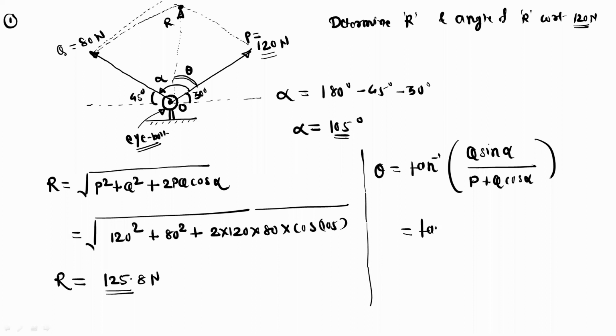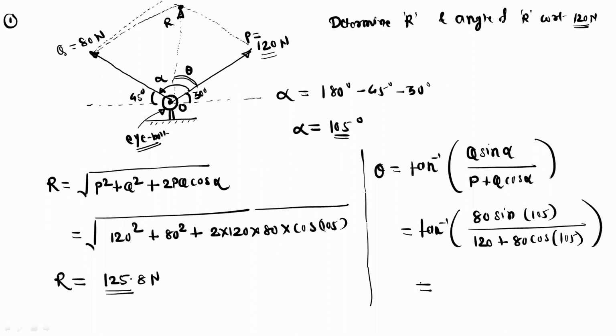So it is tan inverse of (80 sin 105) and 120 plus 80 cos 105. Okay. So you will get the value theta is equal to 37.89 degree. So this is the direction of the resultant with respect to the 120 Newton force.